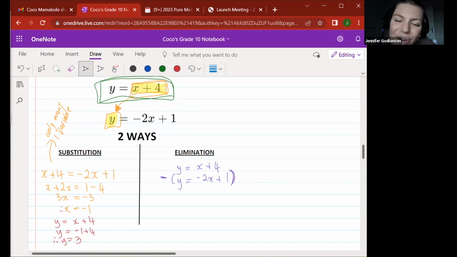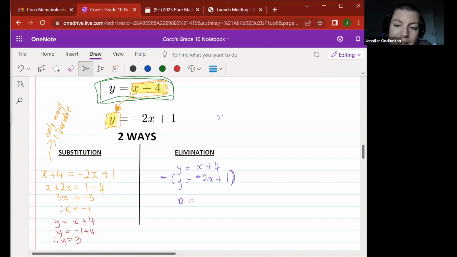Okay. So y minus y, what is y minus y? What would I get? 0. Beautiful. Okay. Now we've got to be careful. What is x minus negative 2x? What happens when I have that negative and the negative? What does that become?